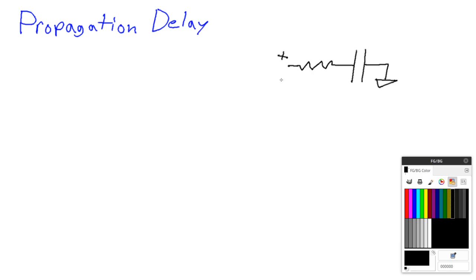Now, what you can think is this resistor is kind of acting like a bottleneck for charge, right? It resists the flow of charge. That's why it's called a resistor. And a capacitor, as the name also implies, is something that has a capacity for charge, meaning that it can hold some charge.